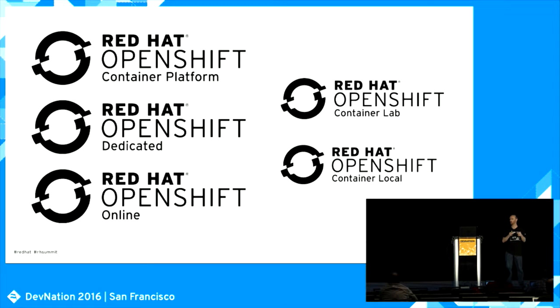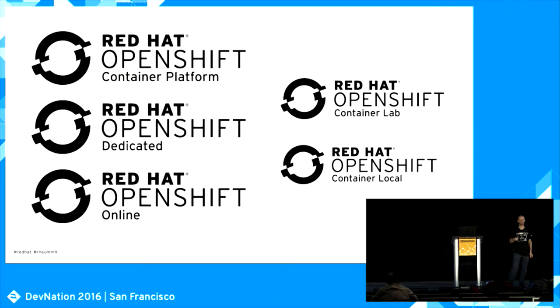At the other end of the spectrum, you still have OpenShift Online, where Red Hat sets it up, manages it, and you just use it as a user. That system, though, is shared with other users. If you don't like the fact that you've got other users on the same system, then in between we have OpenShift Dedicated. That is, again, like OpenShift Online: Red Hat will set it up and manage it for you, but it's dedicated for your particular company's use.